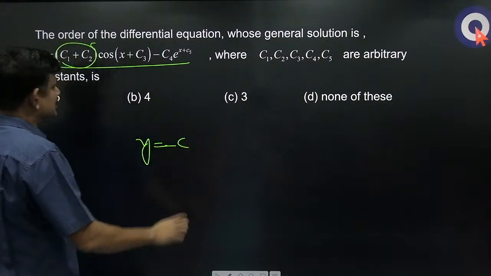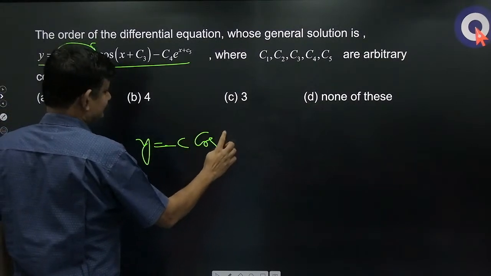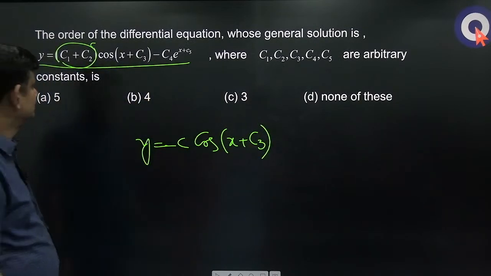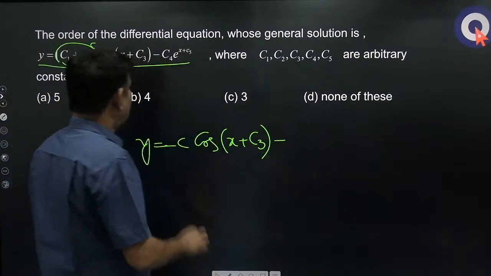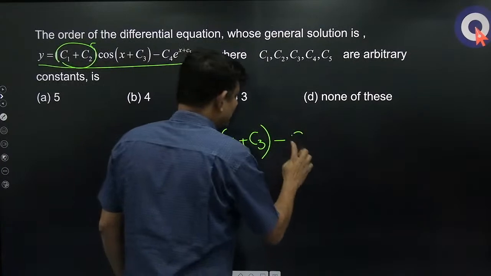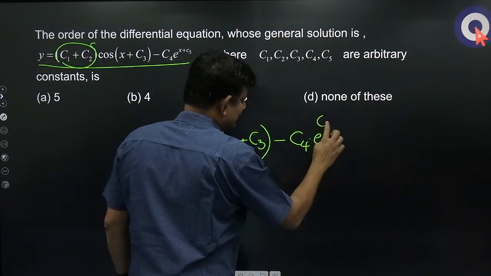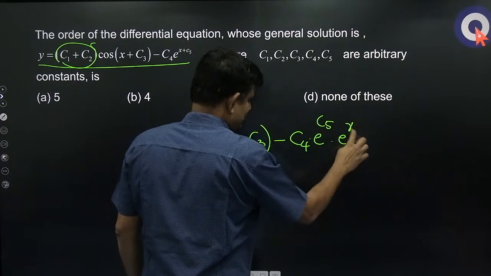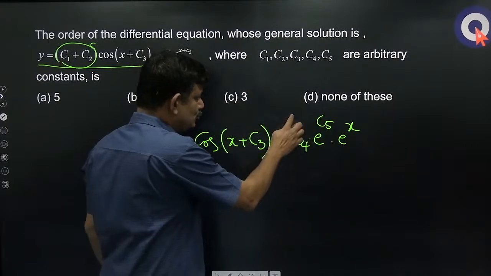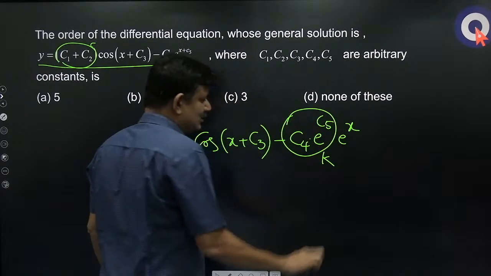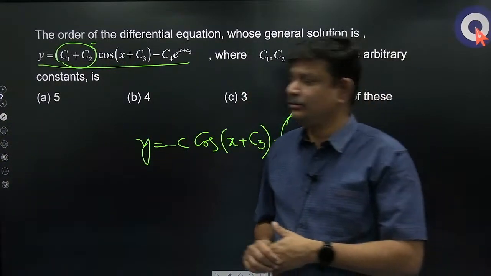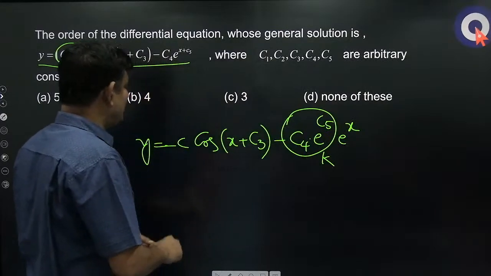So you can write it as simply C. C cos x plus C3 minus, अब C4 यहां पे है e power x plus C5 है. Now can I write it as C4 into e power C5 into e power x? So together can I see this as a single arbitrary constant? Let's say k. ये पूरा एक arbitrary constant है. Yes or no? So effectively how many arbitrary constants are there?